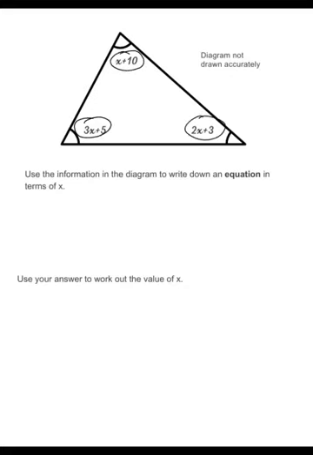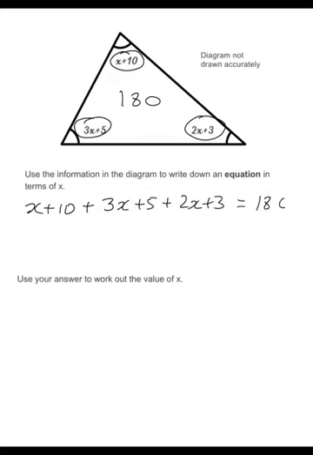We know that if we add all our angles up in a triangle, it should equal 180. So we'll do x plus 10 plus 3x plus 5 plus 2x plus 3, and that should equal 180.